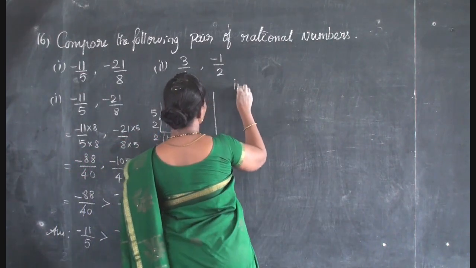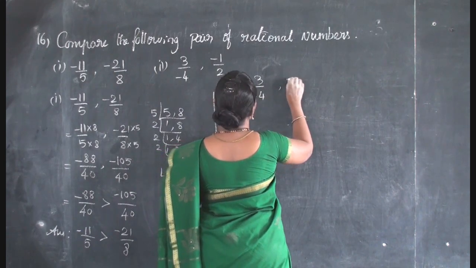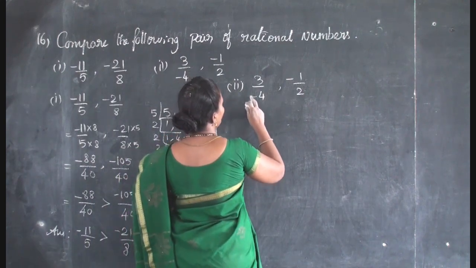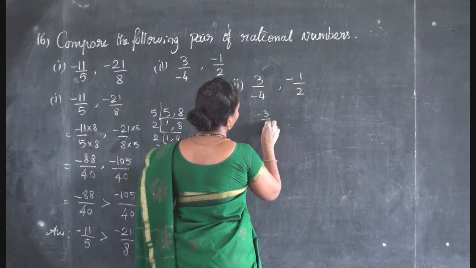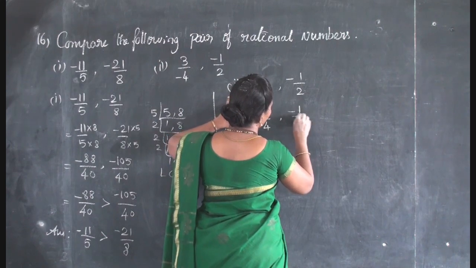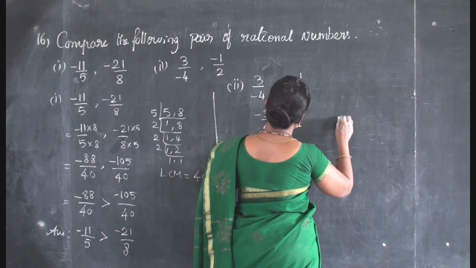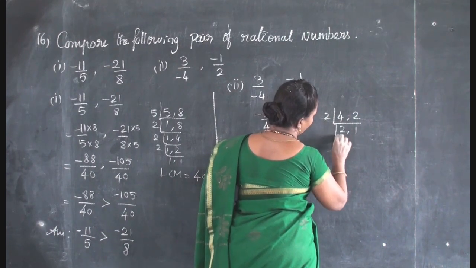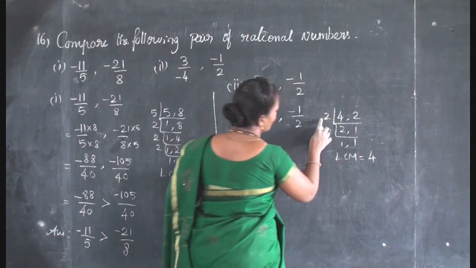Next sum. 3 by minus 4, minus 1 by 2. I already told you 3 by minus 4 and minus 3 by 4 are the same. Minus 1 by 2. Take the LCM for the denominators 4 and 2. LCM is 4.